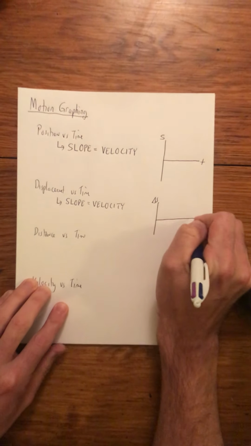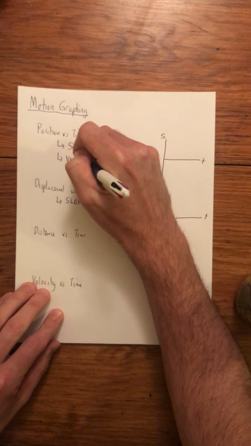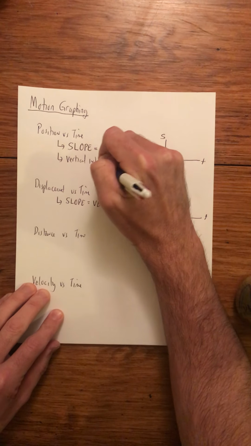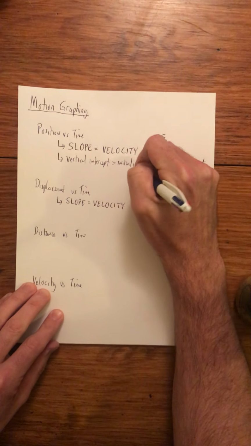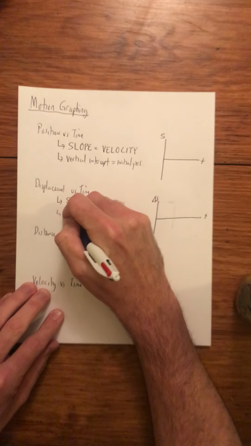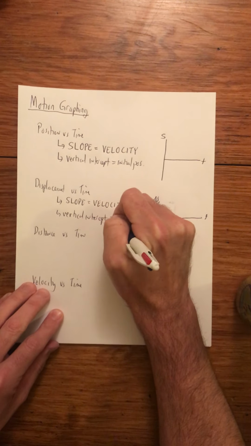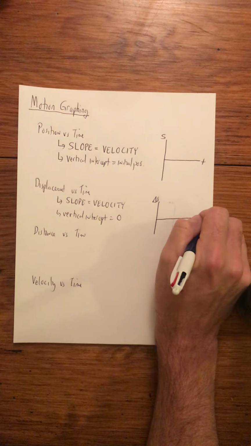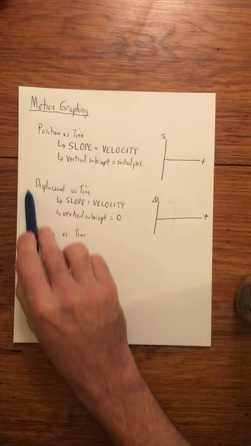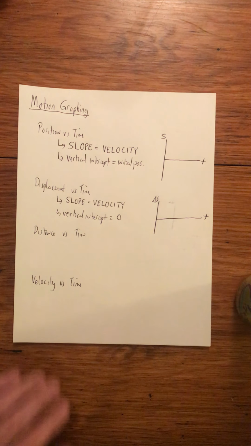The only distinction between these is here, the vertical intercept was equal to the initial position, and here the vertical intercept was always equal to 0, because after 0 time, I have not gone any distance from where I started, which is the idea of displacement. Position, I could just be at an arbitrary initial position with respect to our frame of reference.